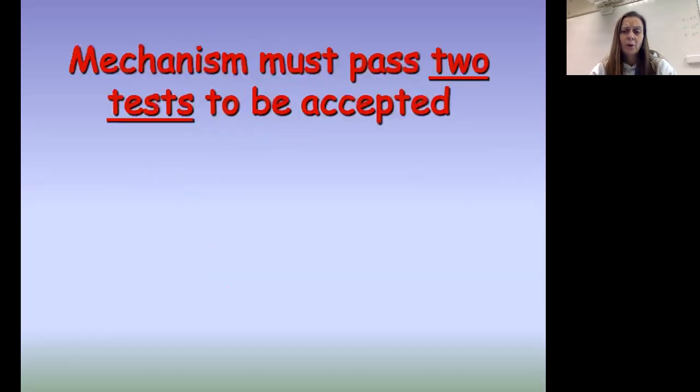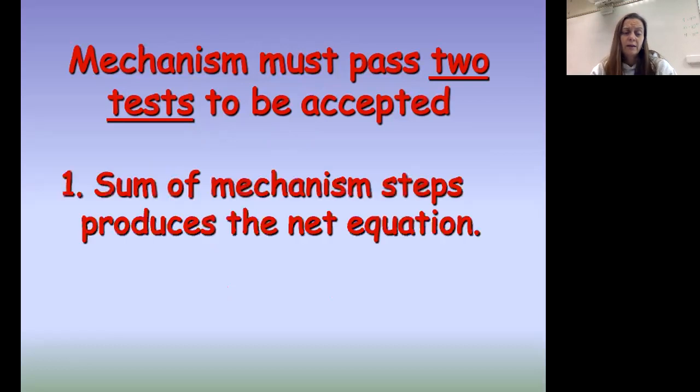So how do we know if a mechanism is correct or not? We have two tests that we put to a mechanism to see if that chemist's intuition, that best guess, is correct. The first one is pretty self-explanatory. The sum of the steps has to produce the net equation. So whatever steps we think are occurring along the way, if those steps don't lead from reactant to product, that's not a good mechanism.